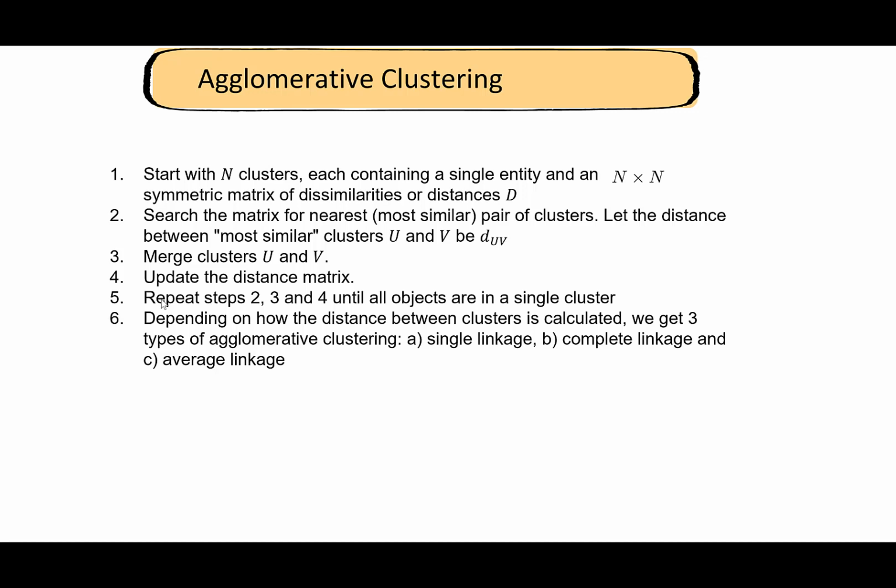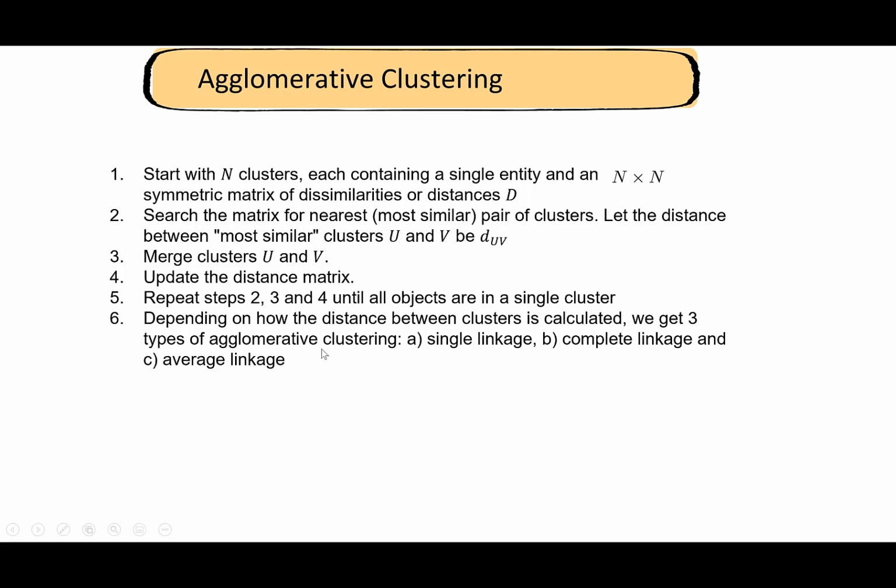If you remember from the previous videos, we had a bunch of animals and a bunch of plants, and we kept on clustering till finally all of these elements were in a single cluster. So that is agglomerative clustering. In step 6, depending on how the distance between the clusters is calculated, we get different kinds of agglomerative clustering.